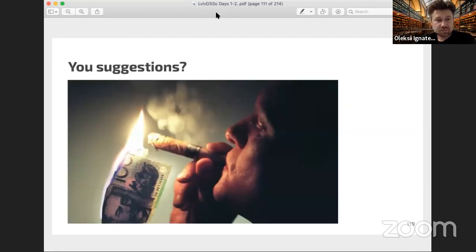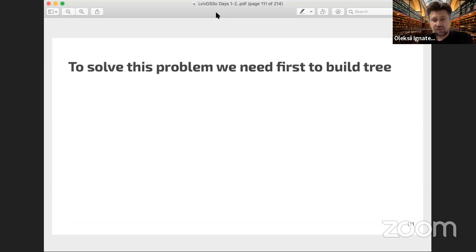But from the game theory point of view, you can't consider this game separately. You need to consider it as one game.